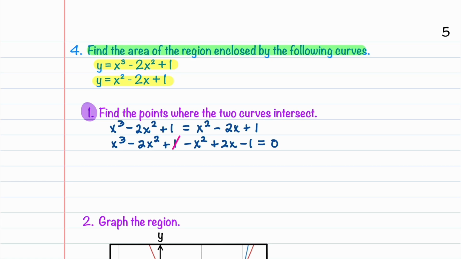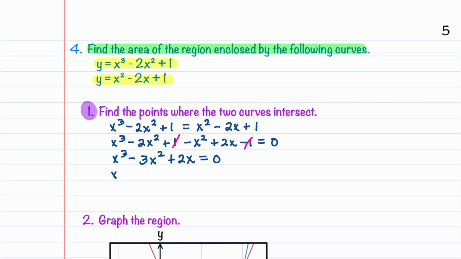Our 1's are going to cancel out, and we have x cubed minus 3x squared plus 2x is equal to 0. Notice that x is common to all three terms, so we can factor that out.